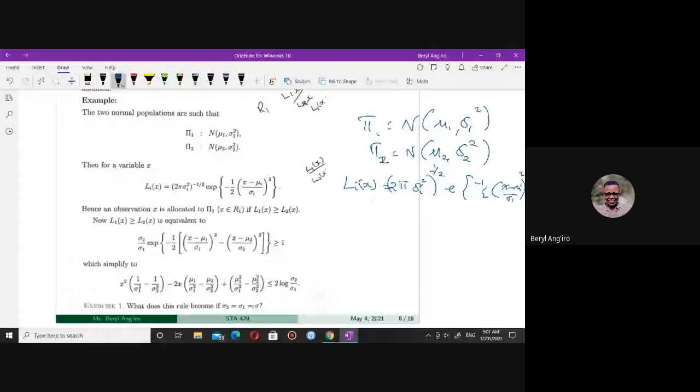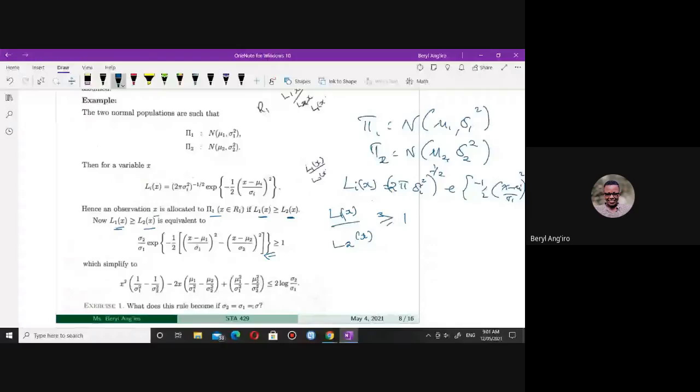Hence, an observation x will be allocated to population 1 if L1, the likelihood under population 1, is greater than the likelihood under population 2. And now, if the likelihood in population 1 is greater than the likelihood in population 2, this will be equivalent to the ratio of likelihoods L1 over L2 being greater than or equal to 1.